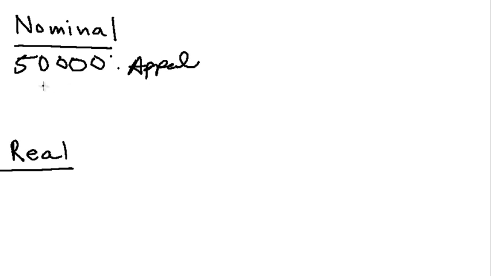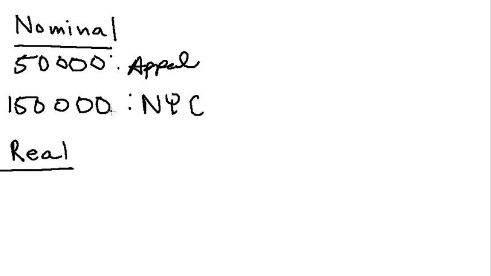Suppose instead that I'm an investment banker in New York City, making $150,000 a year. Then my nominal income is simply $150,000.